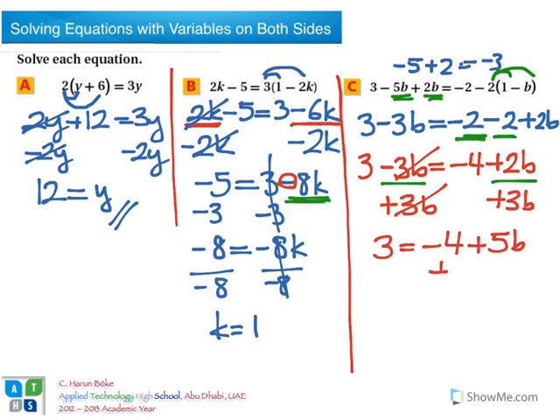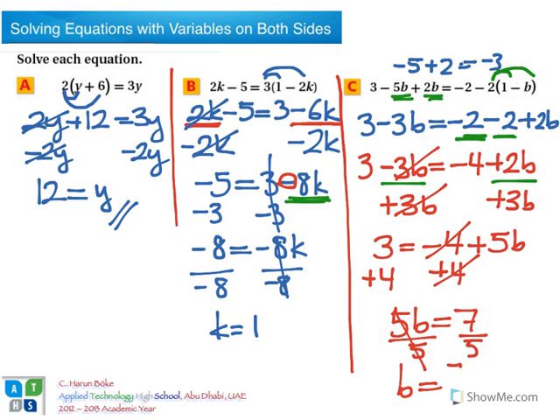Then I will go plus 4 for both sides to cancel these. So I will have 5b equals 7. Dividing by 5, I will get my b alone, which is 7 over 5. You can also write 1.4. Now it is your turn.